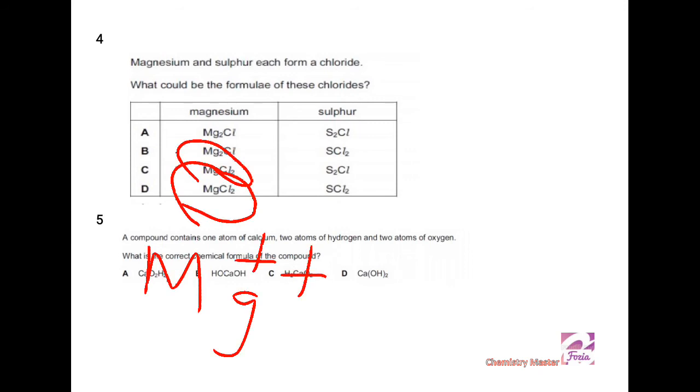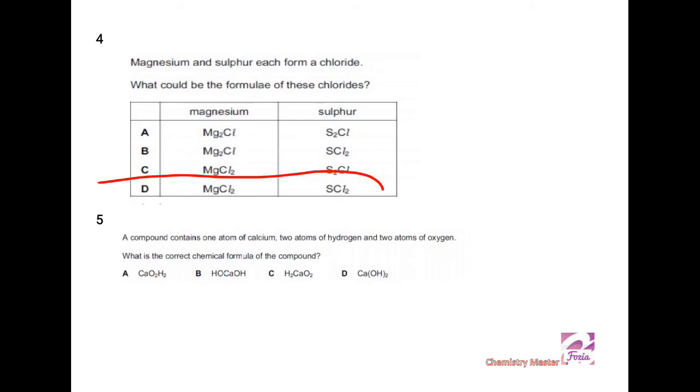But in case of sulfur, sulfur belongs to group 6. It is bivalent like oxygen. So when sulfur makes 2 bonds with chlorines, it completes its octet and D seems to be the correct one, in fact.